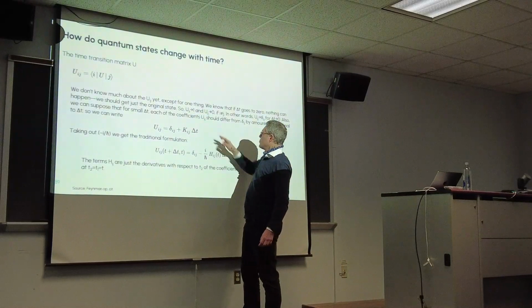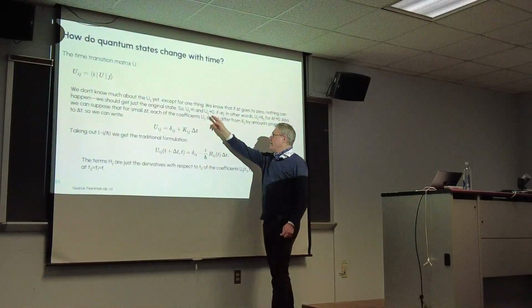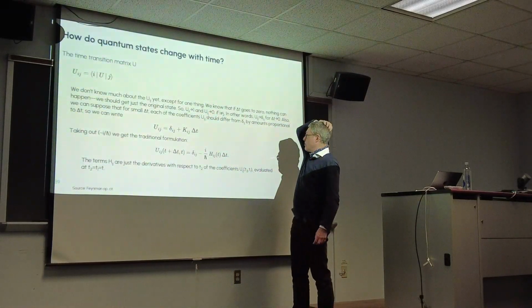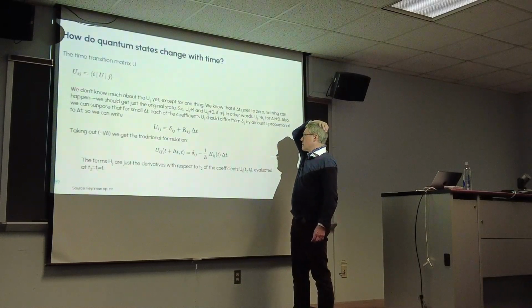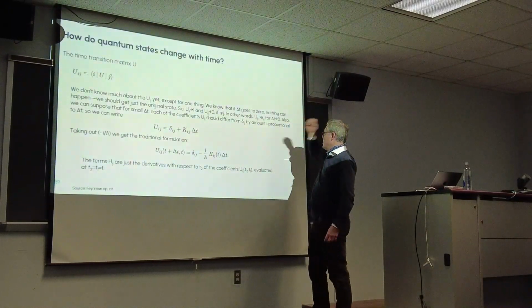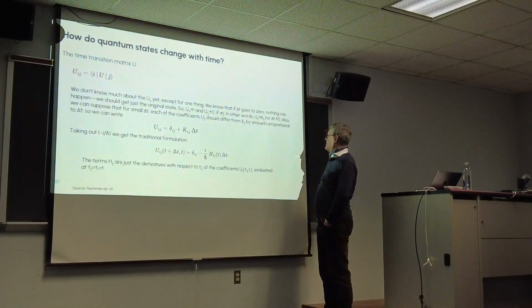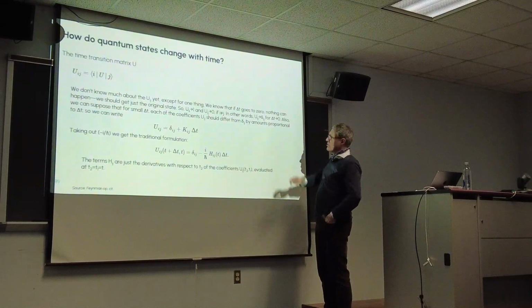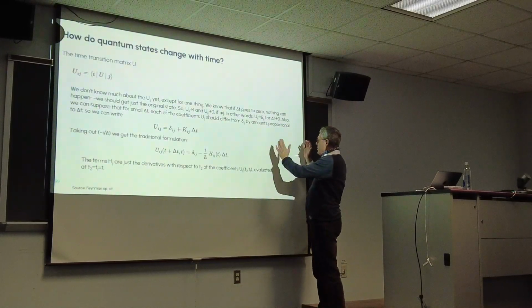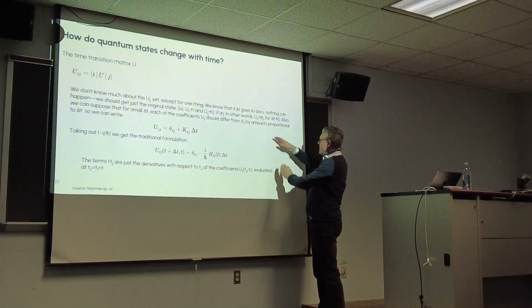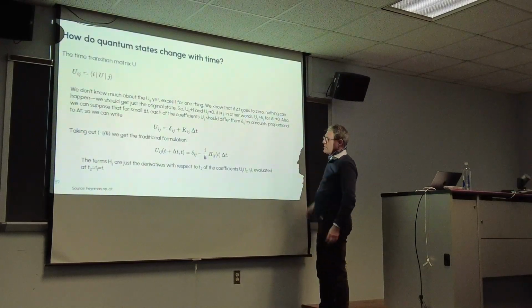So the diagonal is 1, and U_ij is 0 if i is unequal to j. In other words, U_ij converges to the Kronecker delta for delta t close to 0. So when the time gets almost 0, we have just a diagonal of 1 and the rest is 0.